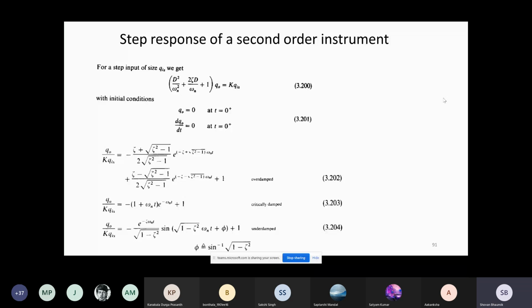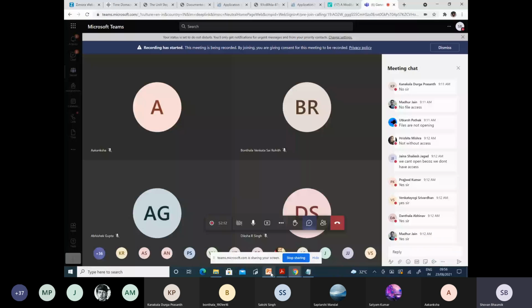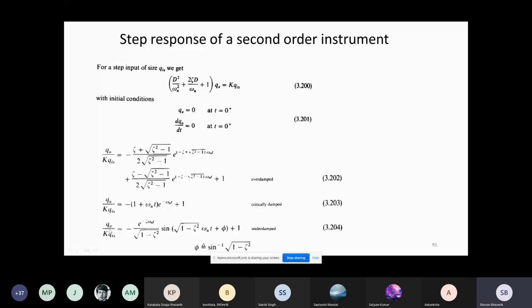The system we use most frequently is the underdamped system, which is 3.204. Let's see if there is a query. So if you see, this is a kind of underdamped system, where there is a sine term, and there is a phase, and there is an amplitude also, plus 1.